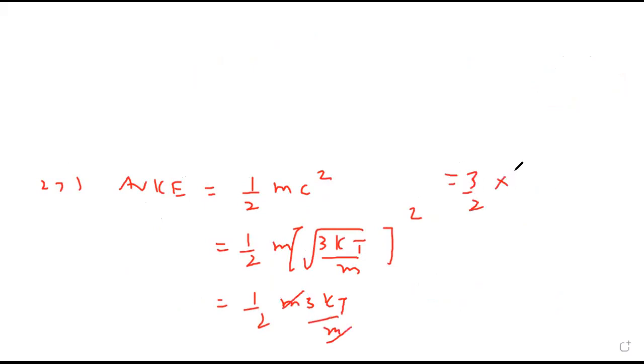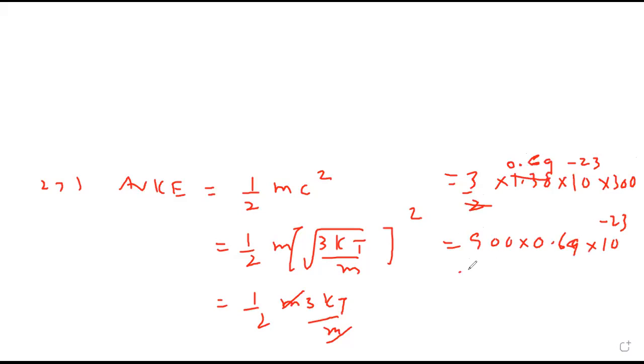So 3 by 2 k, k is 1.38 into 10 raised to minus 23, and temperature is given as 27, so 300 Kelvin. 3 into 0.69, so 900 into 0.69 into 10 raised to minus 23. 9 into 69 into 10 raised to minus 23. 9 nines are 81, carry 8, 54 and 8 will be 62, into 10 raised to minus 23.